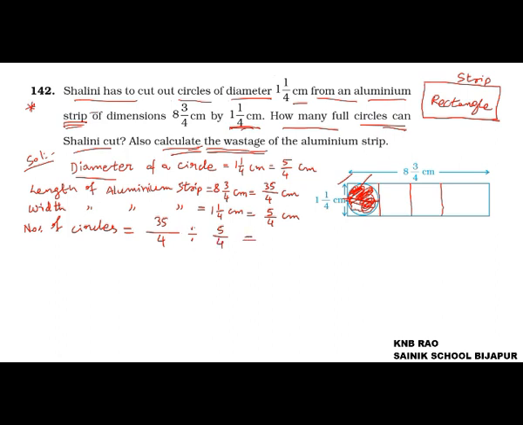Why are we doing it like this? Because circles are cut along the length of the strip. Now, doing division of any two rational numbers, which we have learnt already, 4 cancels. So we can make 7 circles. So this is the first phase of the answer.